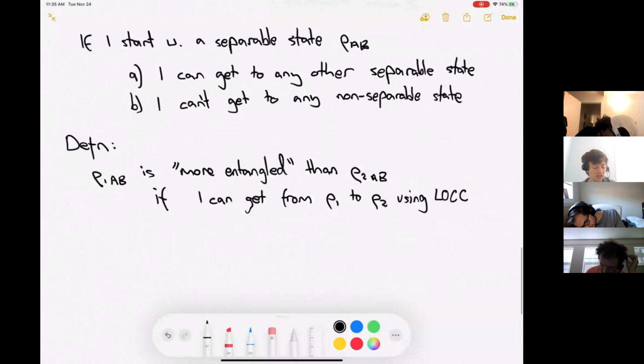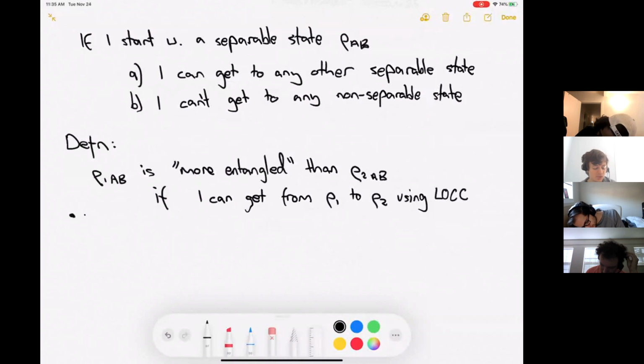Okay, so we're going to write that. We can represent rho 1 with a dot and rho 2 with a dot. And we're going to say there's a little arrow going from rho 1 to rho 2 if I can get from one to the other using LOCC.